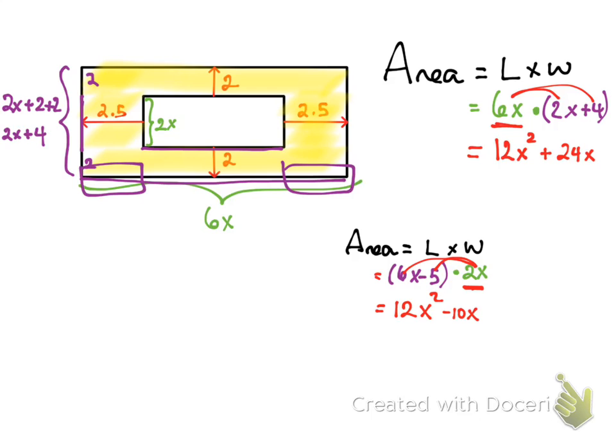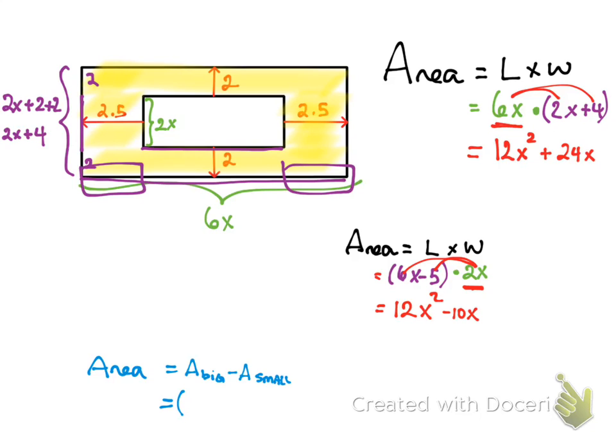Now, to find the area of the yellow part that I'm looking for, I'm going to write that in blue. Area. What I'm looking for is area big minus area small. And what that gives me is, I'm going to put brackets.